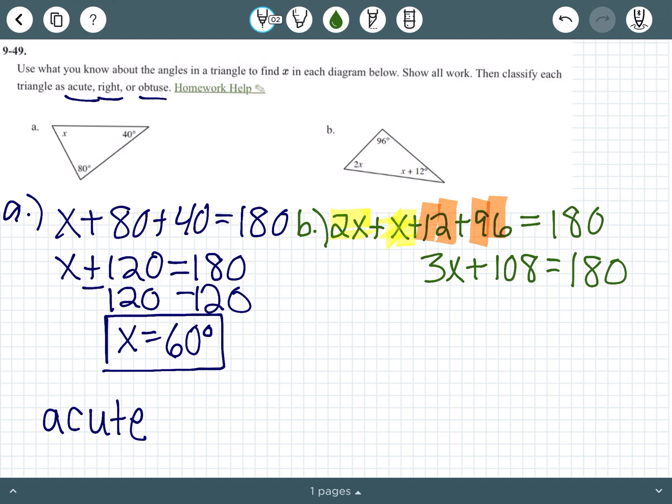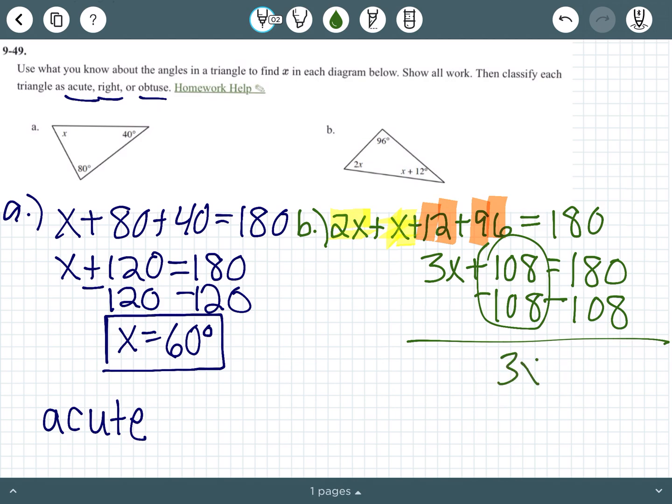So what I would do now is subtract 108 from each side. I get a 0 pair here, and subtract 108 from this side. So I'm left with 3x on the left, and that equals 180 minus 108, which gives me 72.